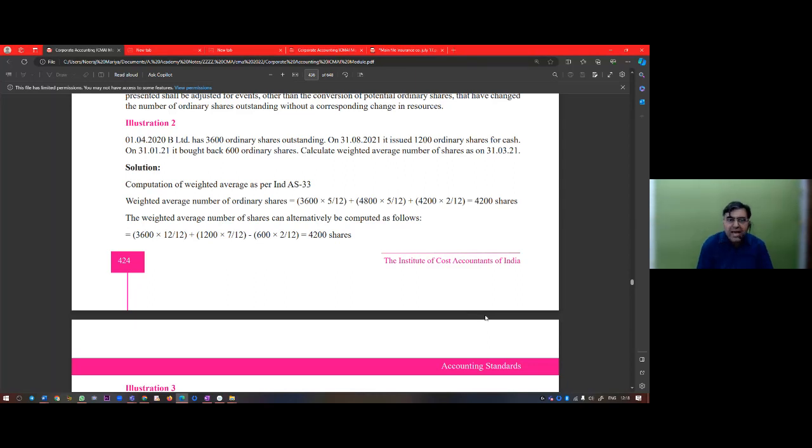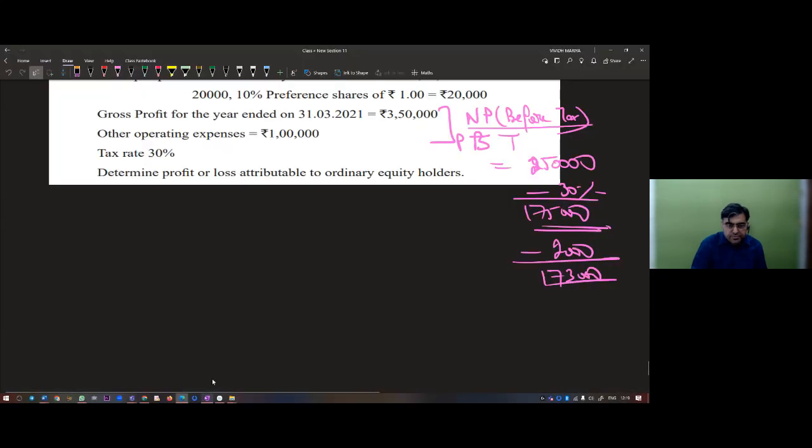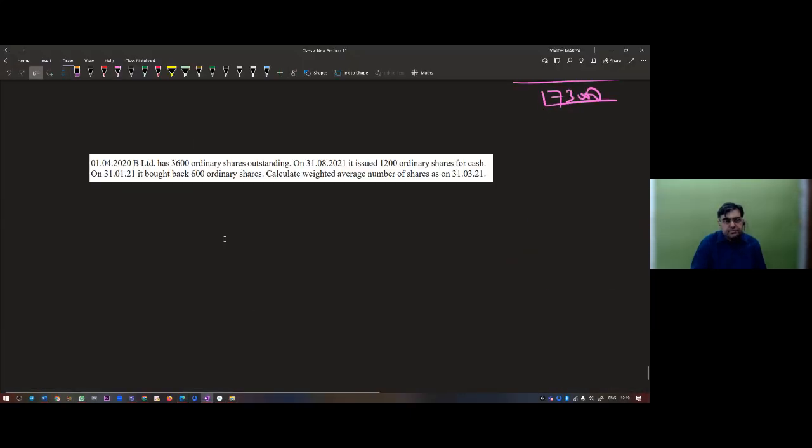Now we have to calculate something more. 3,600 shares, then issue 1,200, and then bought back shares 600. So we have to find the weighted number of shares. Let's match the answer. How to calculate? The answer is 4,200. 3,600 shares remain 3,600 for April, May, June, July, August, 5 months out of 12 months.